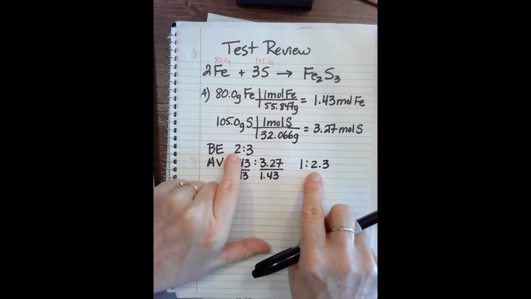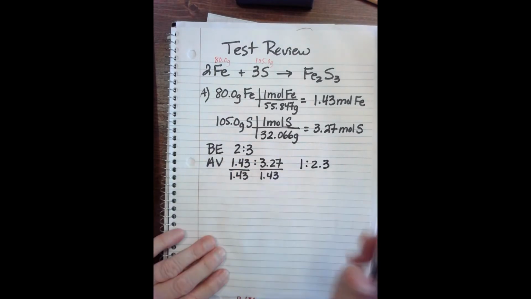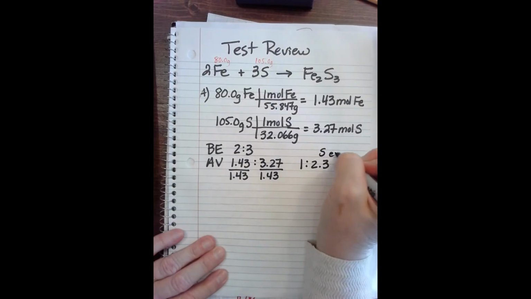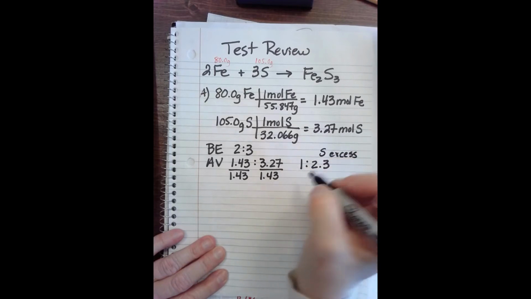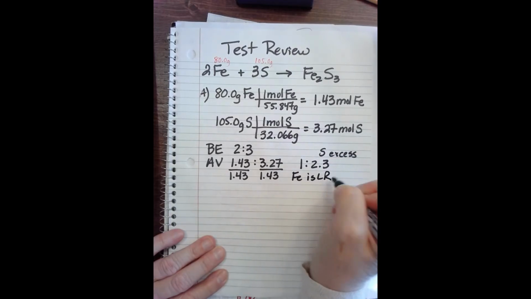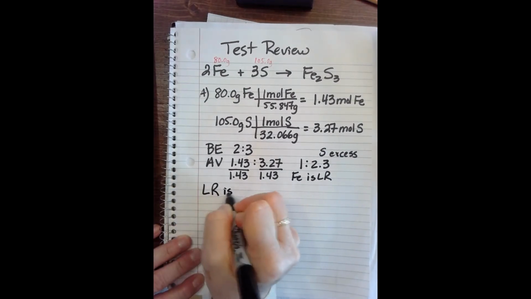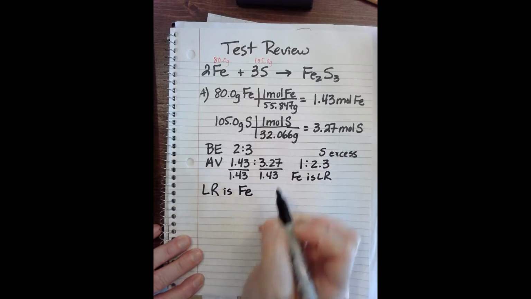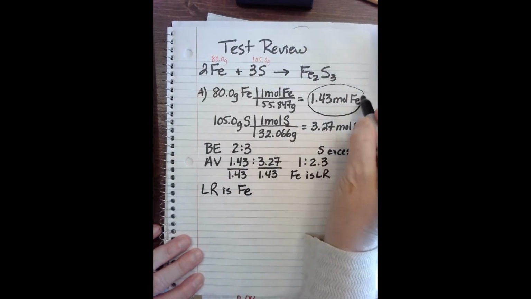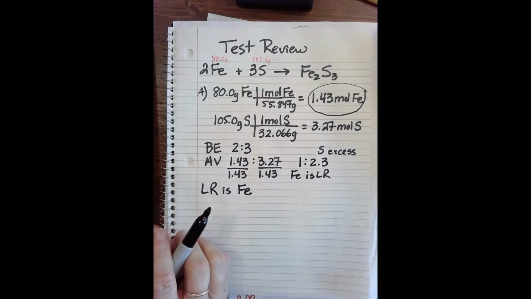That means I'm going to have sulfur in excess, and iron is my limiting reactant. So the limiting reactant is iron. This means that my information for iron is going to drive all of my stoichiometry.